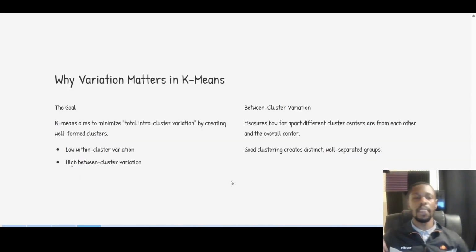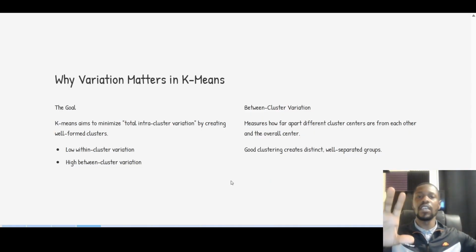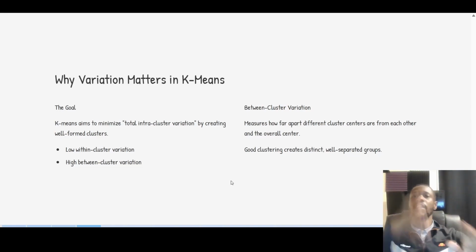We don't want these people in the same group. We want enough variation between clusters to say, okay, these are the short people, these are the average height people, these are the tall people. So we want those boundaries, but within a cluster, we don't want that massive variation where we have tall people and short people within the same group. I hope that's making sense.